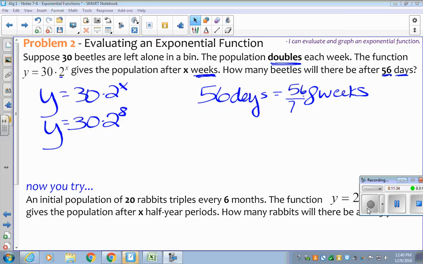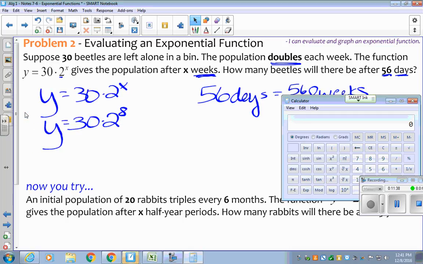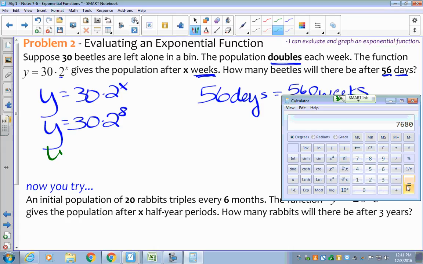Okay? So we're going to go 2 to the 8, which is 256 times 30. 7,680 beetles.